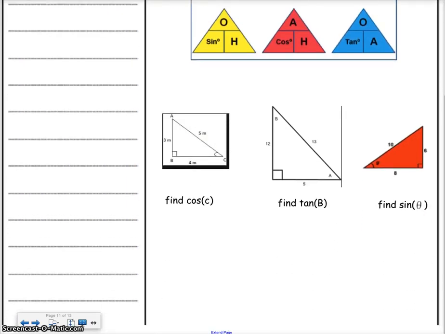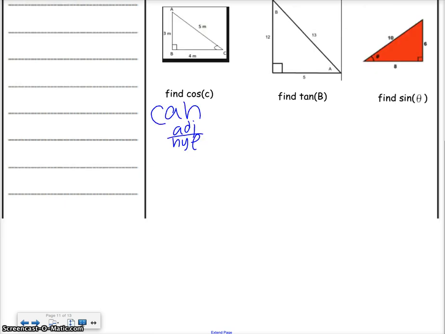So let's apply the trigonometric ratios and find cosine of C. Also cos, some people say cos, but I want you to get used to the actual vocab words before you start abbreviating. So cosine of C, well that's CAH, right? CAH would be adjacent over hypotenuse. And I've got to find C, here's C. What's adjacent to C? 4. 5 is the hypotenuse, so we don't use 5.